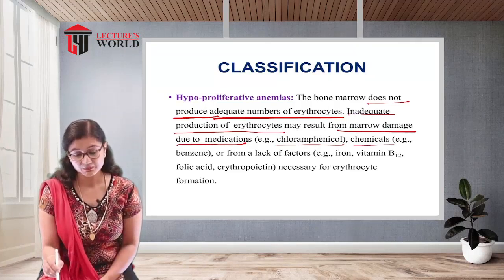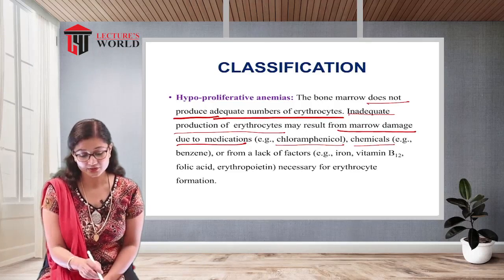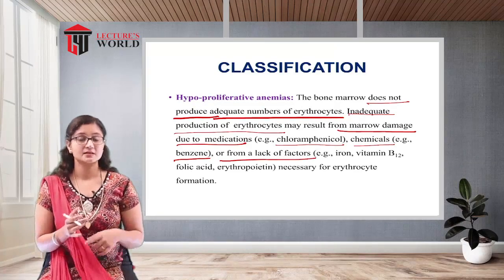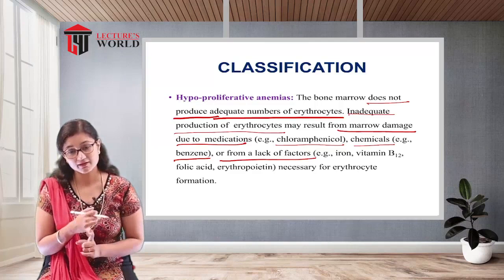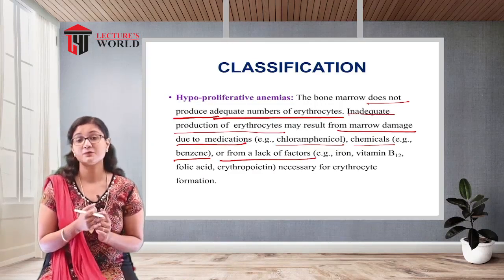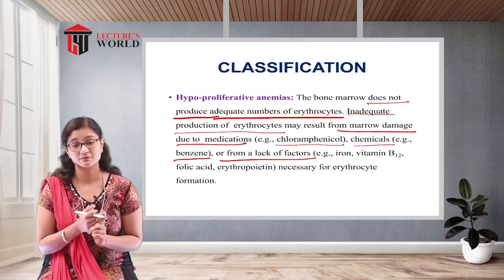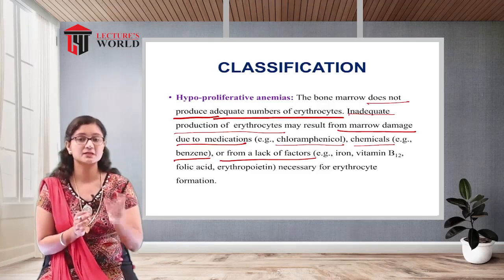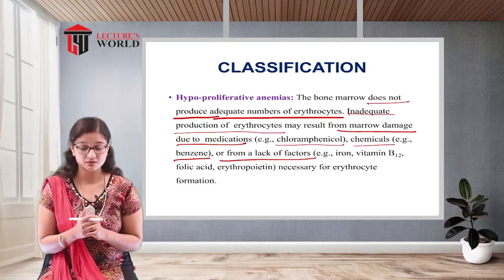Next is chemicals, any chemicals like benzene, or from lack of factors. Commonly seen is that a person takes less iron, less folic acid, less vitamin B12. These are the most common factors lacking, and that's why there are fewer RBCs in the patient.